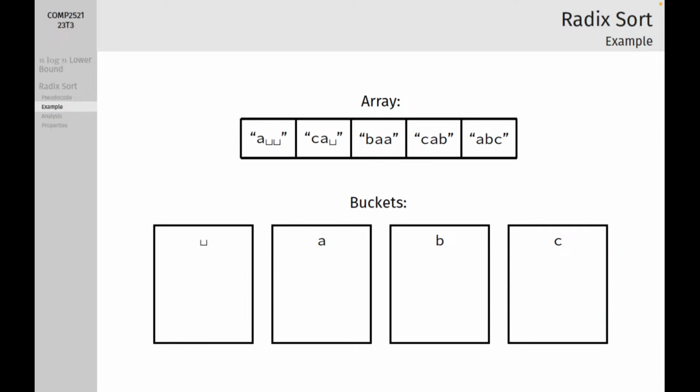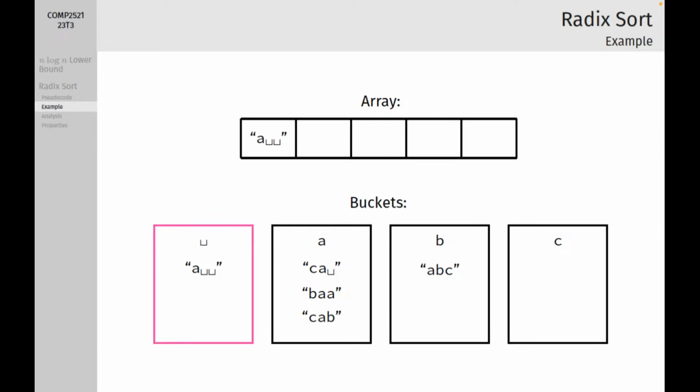Okay, so the next step is we want to sort the array by the second character in each key. The second characters are blank, A, A, A, B. So for the first key, we store this in the blank bucket, then we store this in the A bucket, this in the A bucket, this in the A bucket, and this in the B bucket. And then, once again, we clear our array, and store these keys back into the array in order.